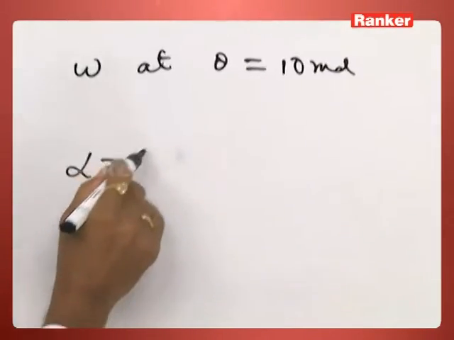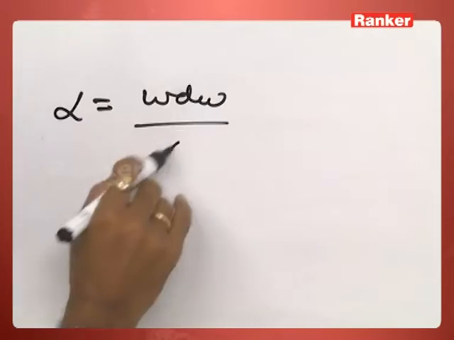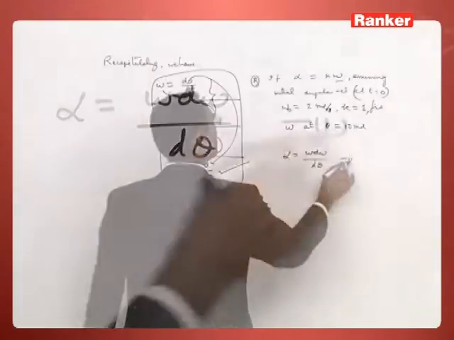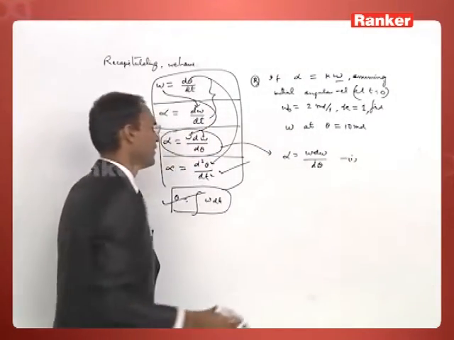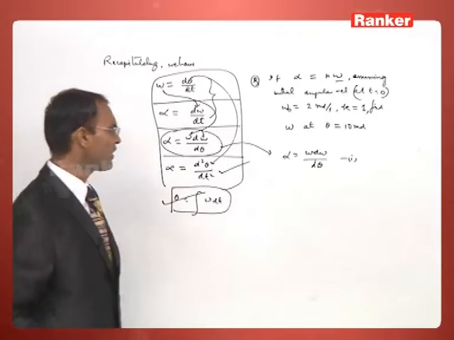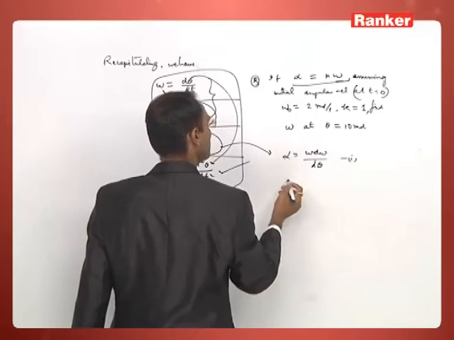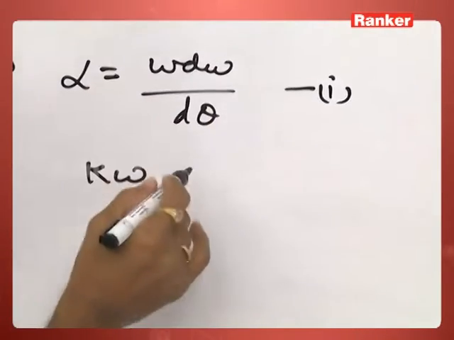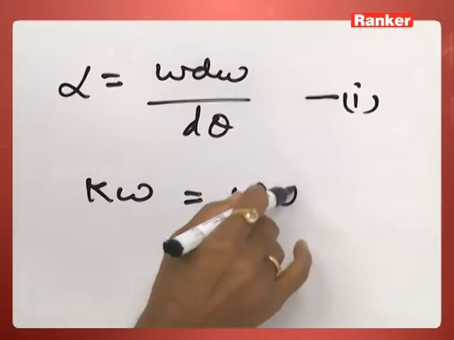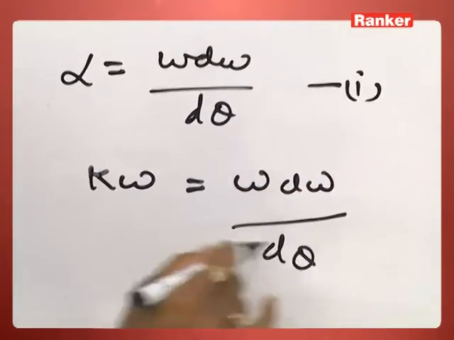Right, alpha is equal to omega d omega by d theta. This is one of the formulae for angular acceleration, and the given angular acceleration condition is k into omega is equal to omega d omega by d theta.